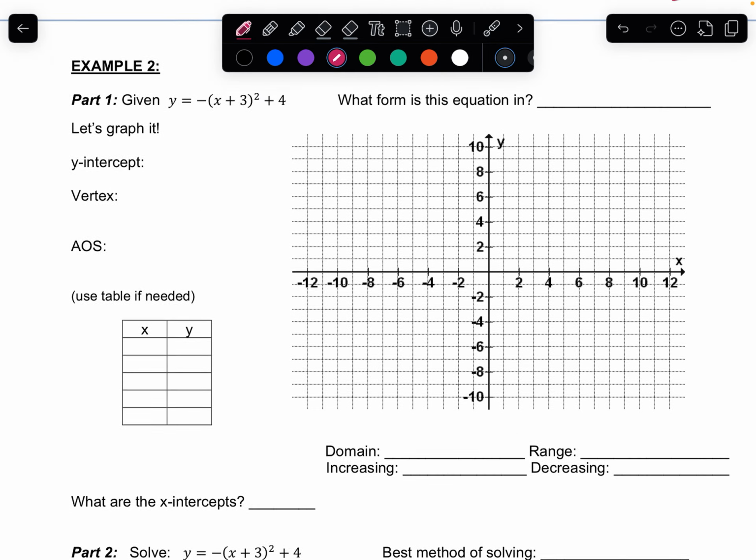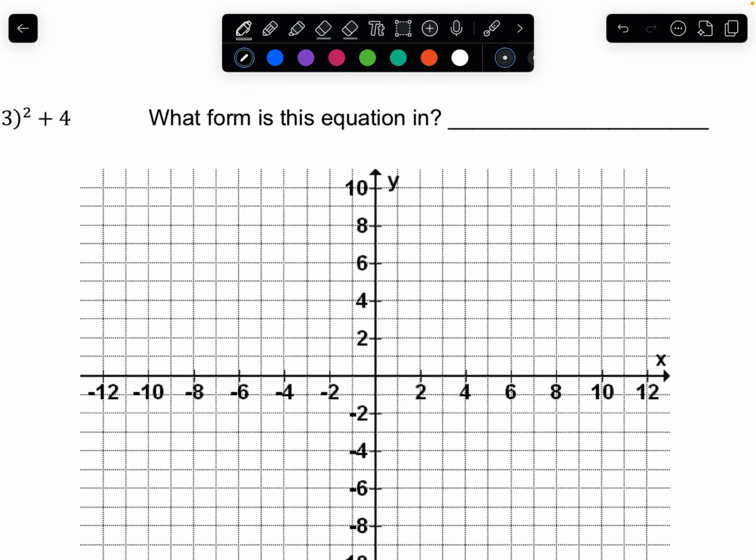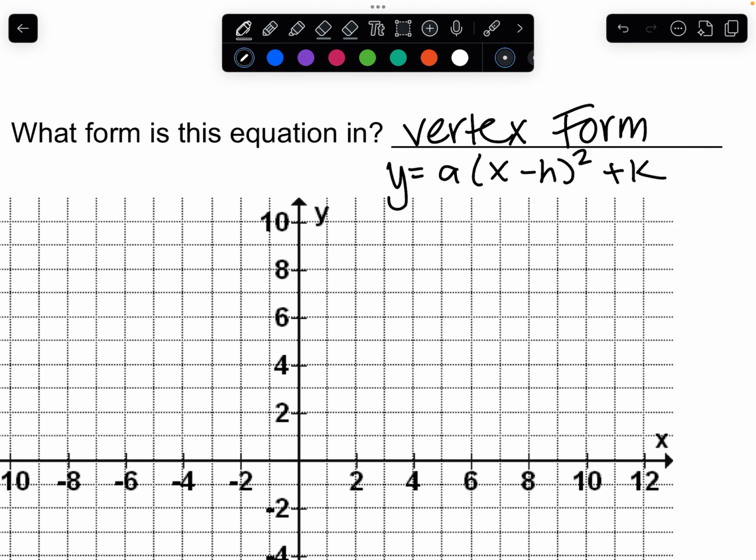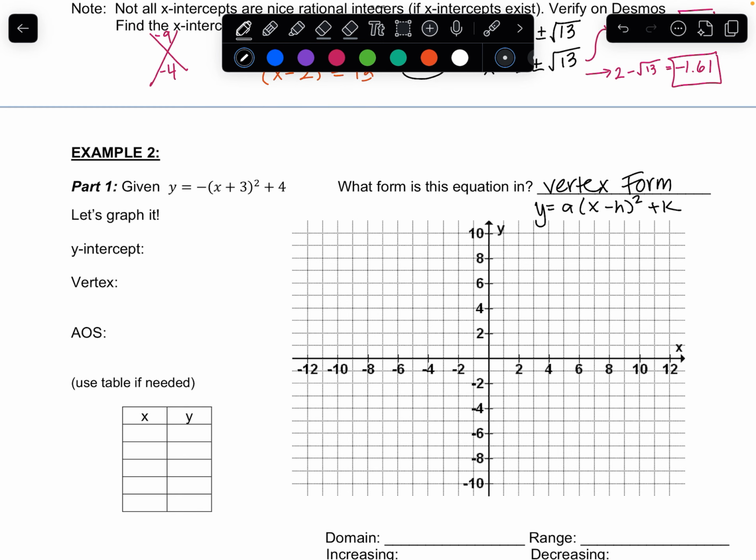So example 2, we are given this in vertex form, which is y equals a times x minus h squared plus k. Okay, and so vertex form gives us our vertex. Now we got to remember it's opposite, same.